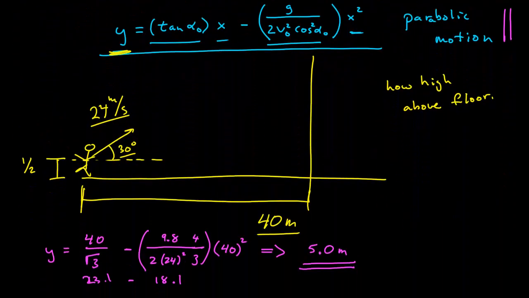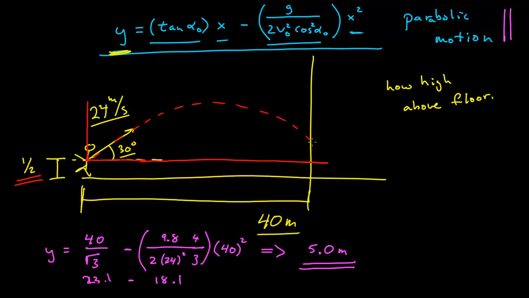So to use our equation for parabolic motion assumes that the zero of the coordinate system is at the launch point, which was a half a meter above the floor. So the ball hit here, where that's 5 meters, and if we want to know how high above the floor, that would be 5.5 meters above the floor.